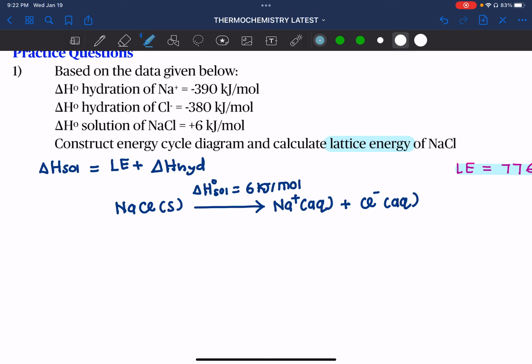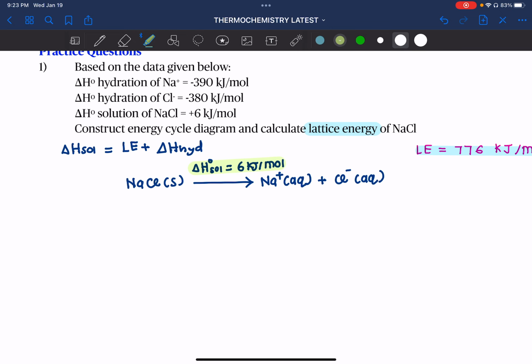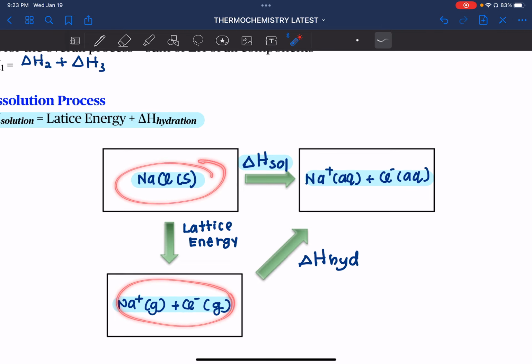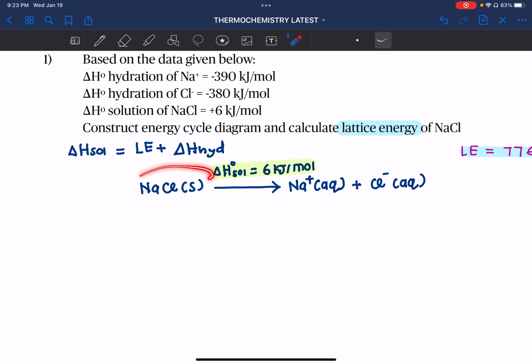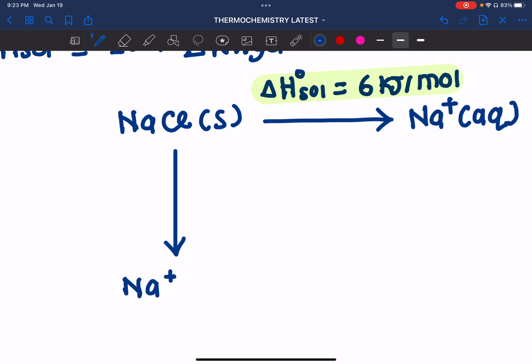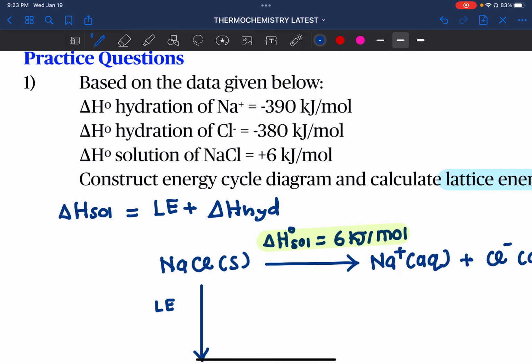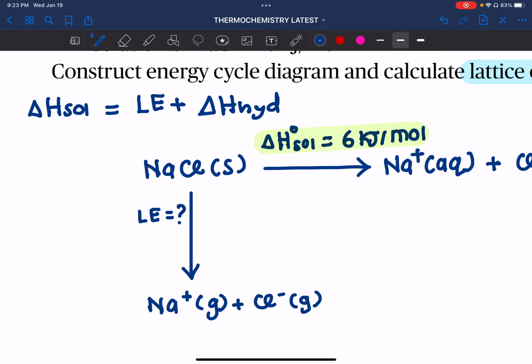Okay, so that's the equation lah. Next, lattice energy adalah proses di mana substance turns into gaseous ion. So, this substance, kita buat anak panah ke bawah, turns into gaseous ion. Dia adalah ionic solid kan? So, Na plus gas plus Cl minus gas. This process is called lattice energy, and this is what we want to find out.